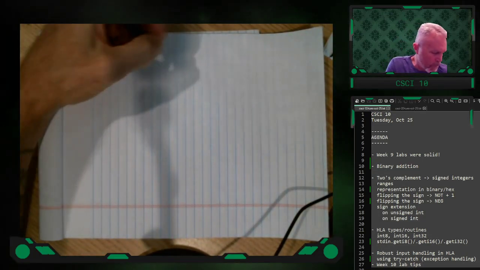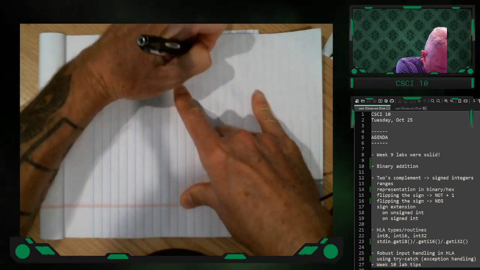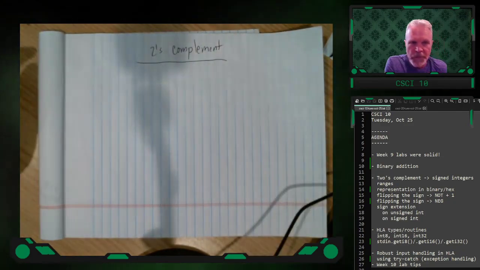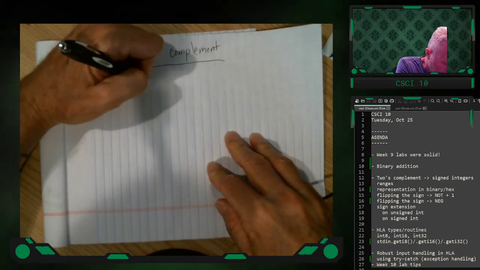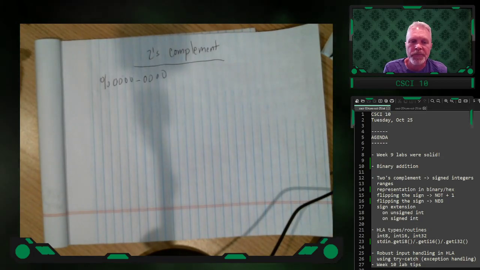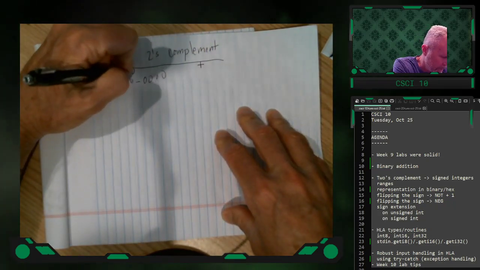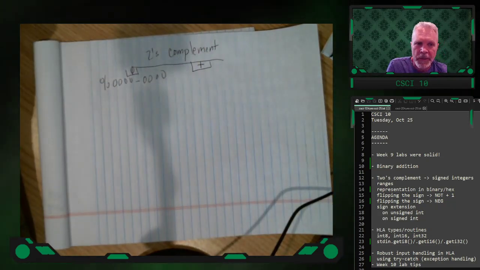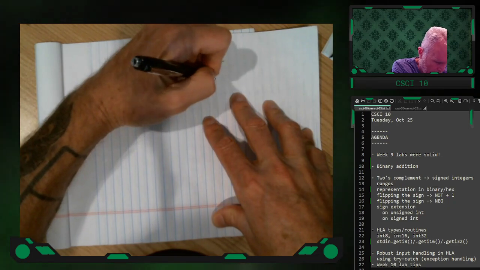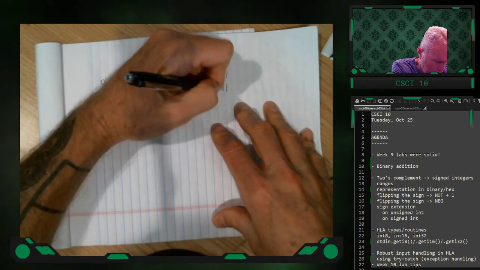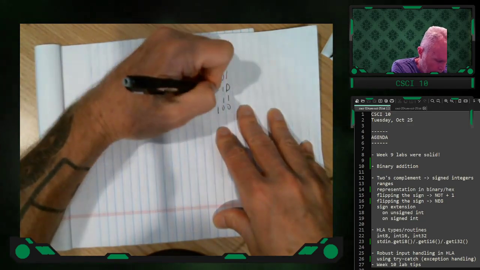Okay, so the two's complement system, which is what we're going to focus on now, and I'm going to write it shorter to save myself time so my hand doesn't get tired. 0 is 0 as always, so no surprises there. Then if we look at the positive numbers, we know that they're going to do this: 2, 3, 4.